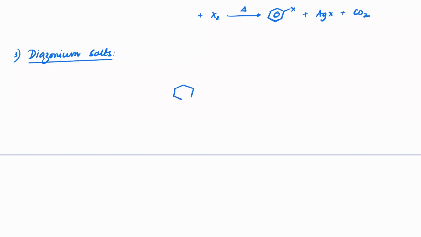If you have ArN2+ and you react this with CuX in the presence of HX, or only CuX, we can write it as CuX or HX. Don't write the 'or' here, just write CuX. That's easier to analyze.